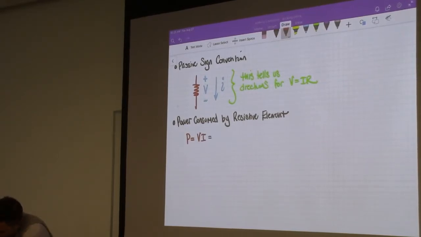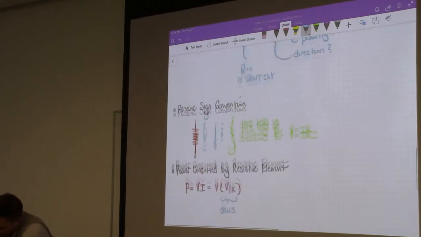We can replace our I with V divided by R, that's just coming from Ohm's law up above here.